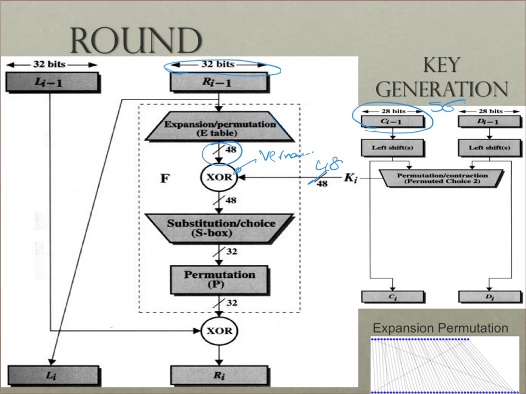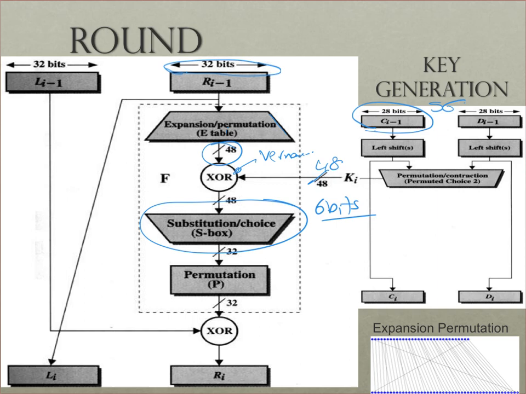So here, what we do, pay attention, it's not a permutation or contraction. Here it's called a substitution. And by substitution here we mean that we take the 48 bits, we divide it into 6 bits times 8, okay?